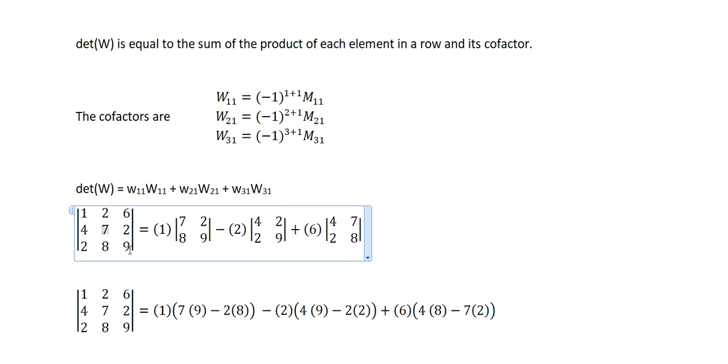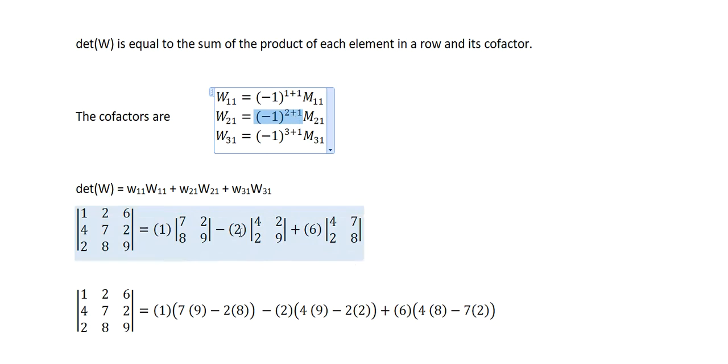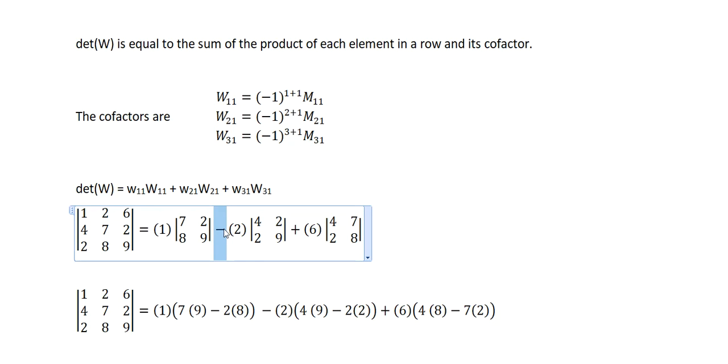This 2 here is going to be 2 times the determinant of a matrix 4, 2, 2, 9. Remember, we're getting that matrix by omitting this row and this column.